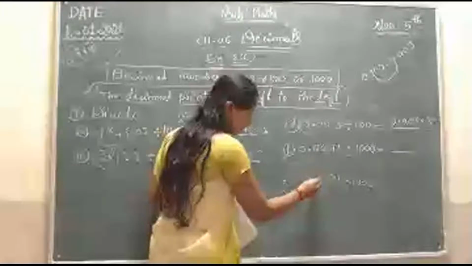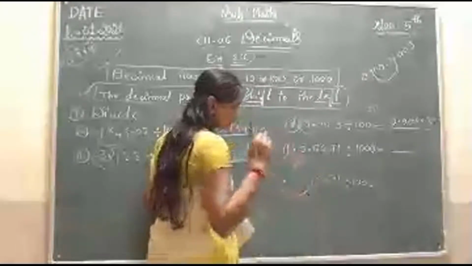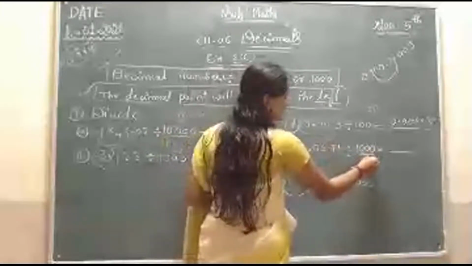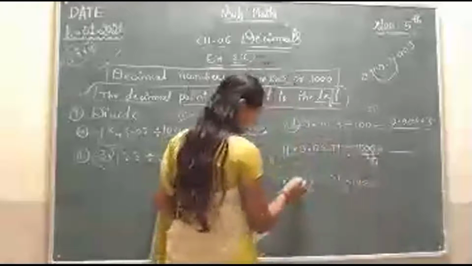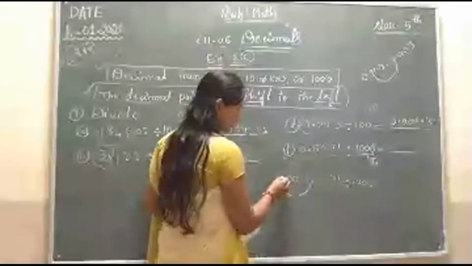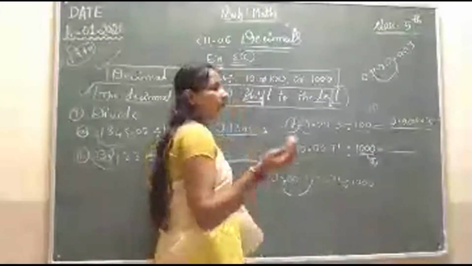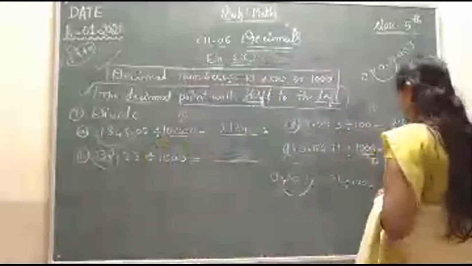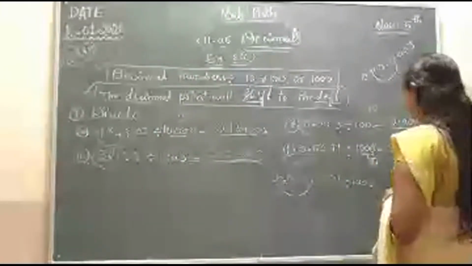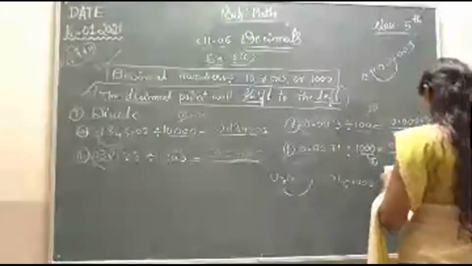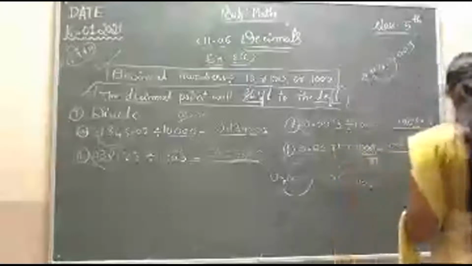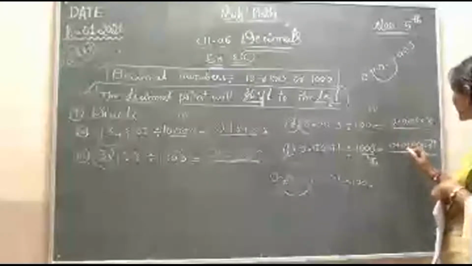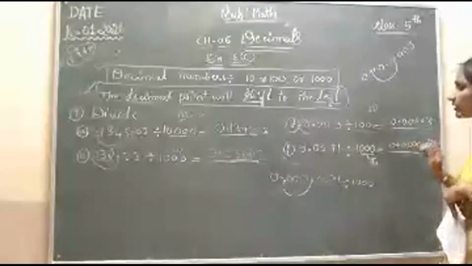You have to shift the point to the left side. Only a few numbers are given, but you have to shift 3 places. Where not given, you have to write the zeros. So what result do you get? 0.000071. This is the result.